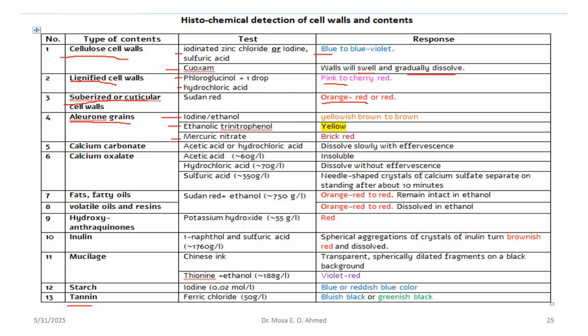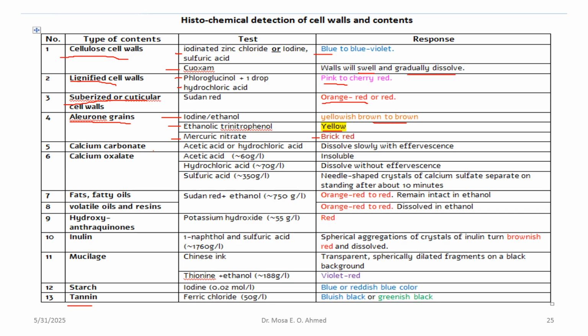Aleurone grains with iodine and trinitrophenol reagent give a yellow color, while iodine gives a yellowish brown to brown color, trinitrophenol gives a yellow color, and mercuric nitrate gives a brick red color.